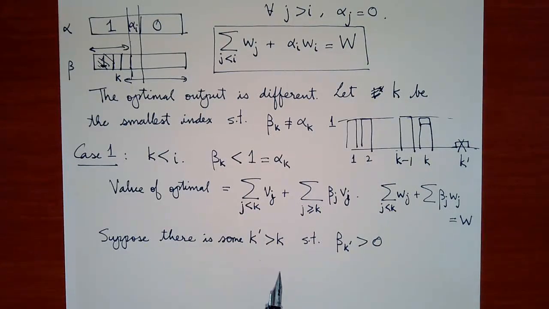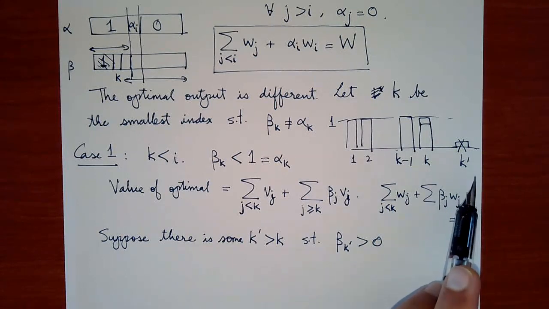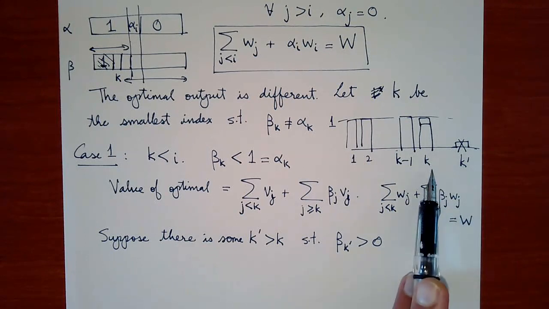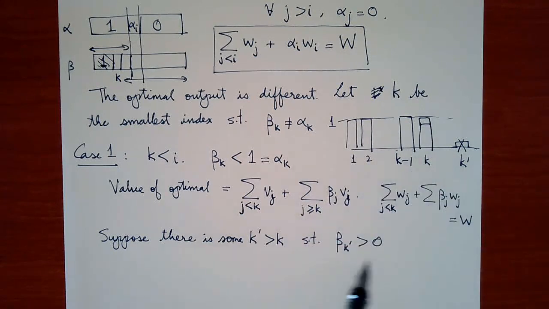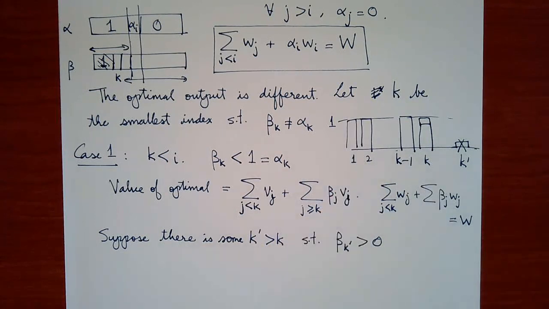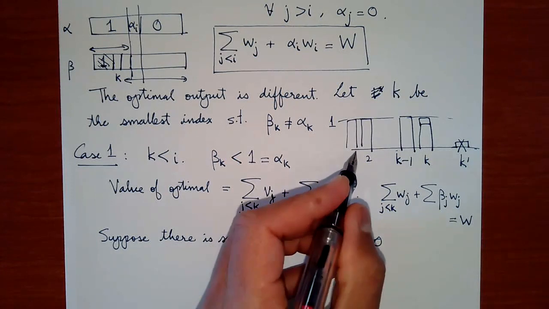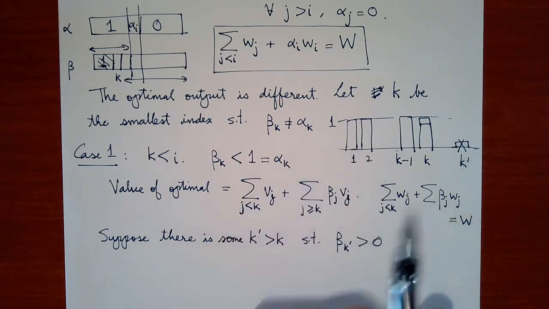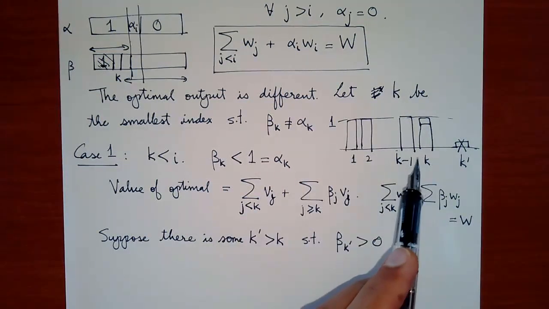I'm saying k prime. No, because it doesn't have to be. It has to be bigger than k, right? Well, I'm saying that the optimal solution, or this version of the optimal solution, could be missing some on 2 but have more on k and not have k prime.